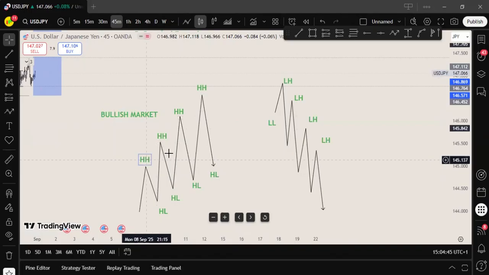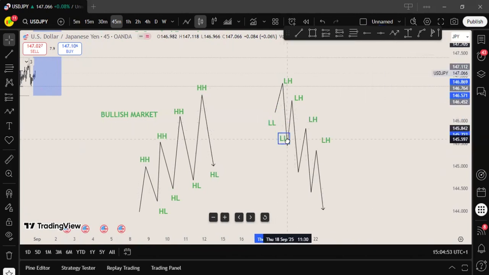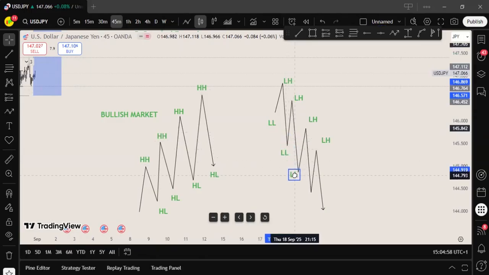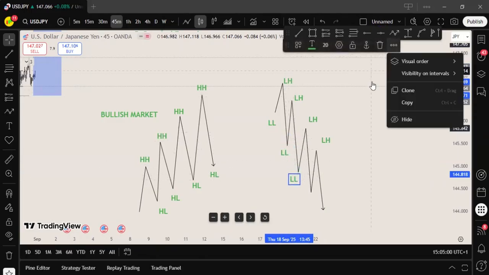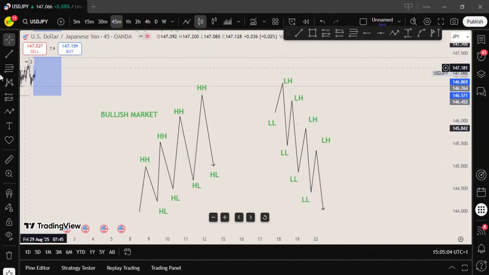If the market is in a bullish trend, you see it creating a series of higher highs, higher lows. But in a bearish market, it goes in a series of lower highs, lower lows. We call this a bearish market.